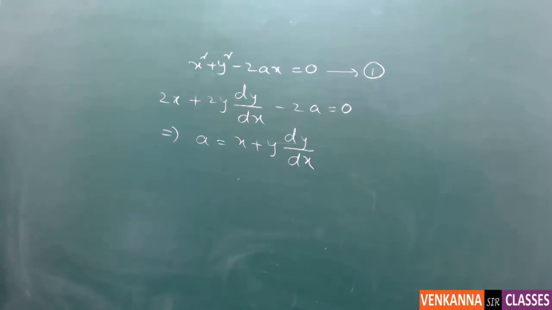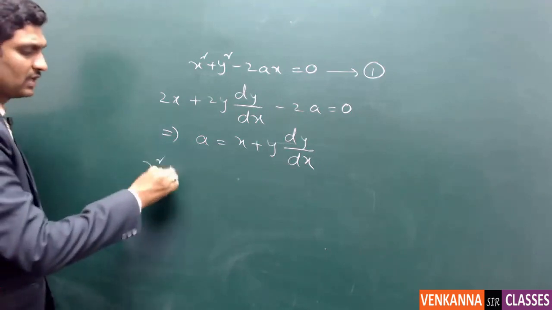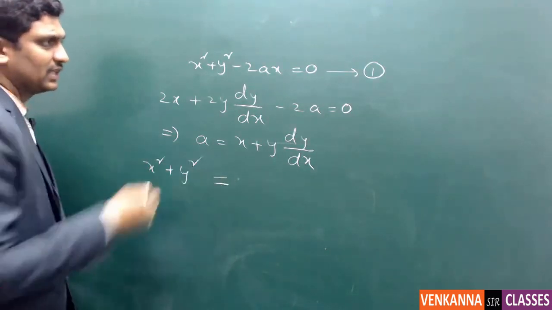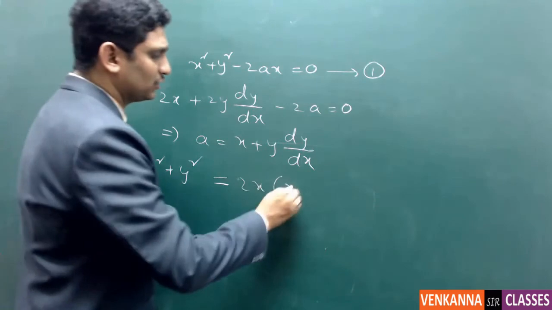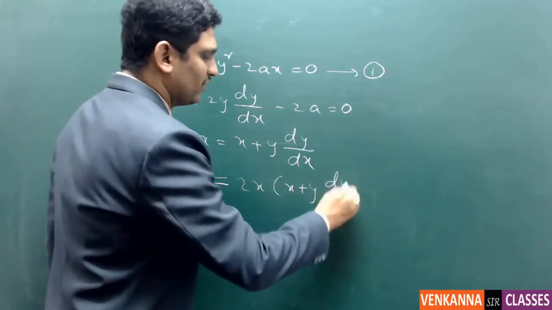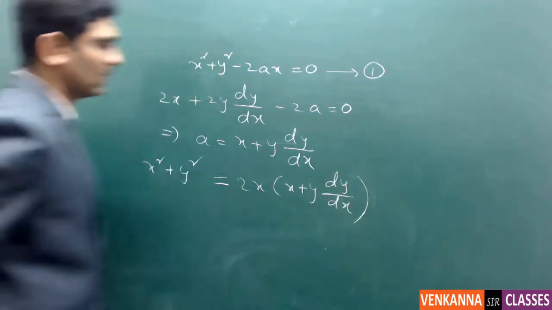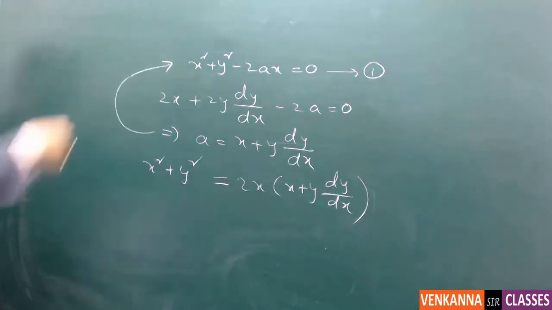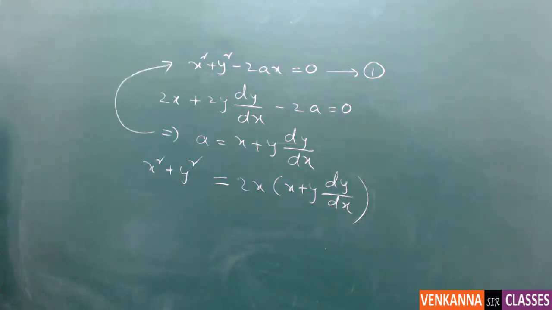So substituting the value of a in the given equation 1, we will get the required differential equation as x square plus y square is equal to 2x into x plus y into dy by dx. Later, if you simplify that, I will write the equation straight away.